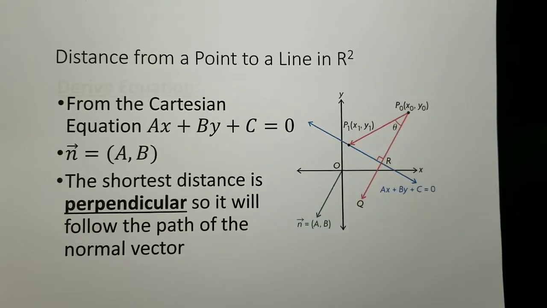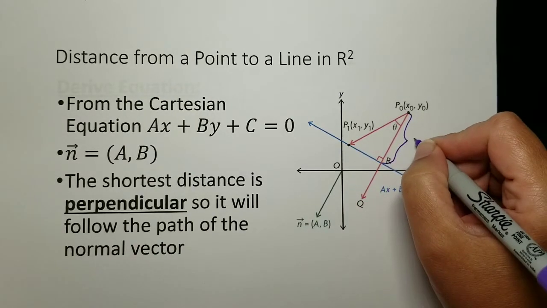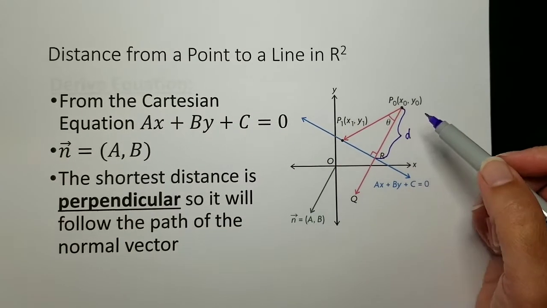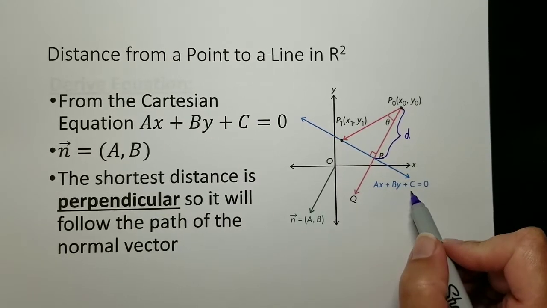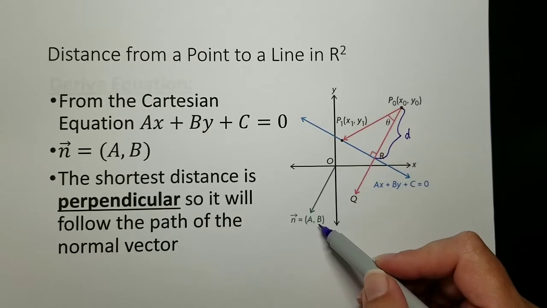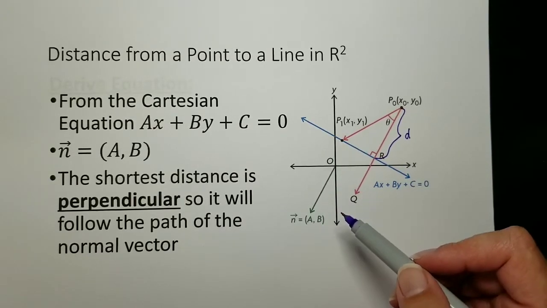This is the point we're looking at, and we're trying to find the distance from the point to the line. We know that the shortest distance from a point to a line is the perpendicular distance. So I've created a right angled triangle, and we can label that D. In R2, the normal vector is given by A and B, and that is a vector that's perpendicular to the line.